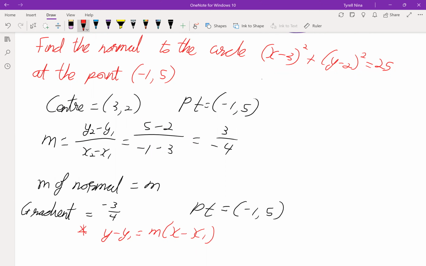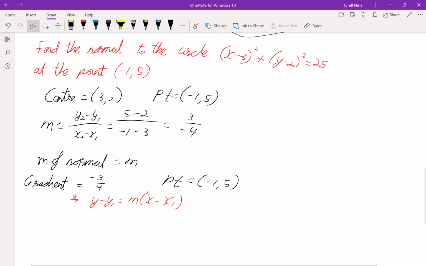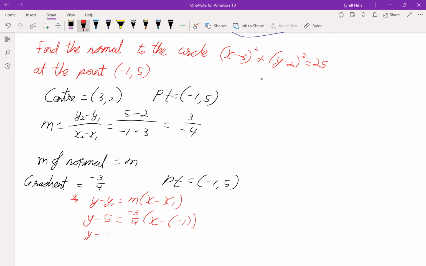This formula would save your life, right? So y minus 5 equals -3/4 x minus -1. y minus 5 equals -3/4 x plus 1. y minus 5 equals -3/4 x minus 3/4. y equals -3/4 x plus 4 1/4.